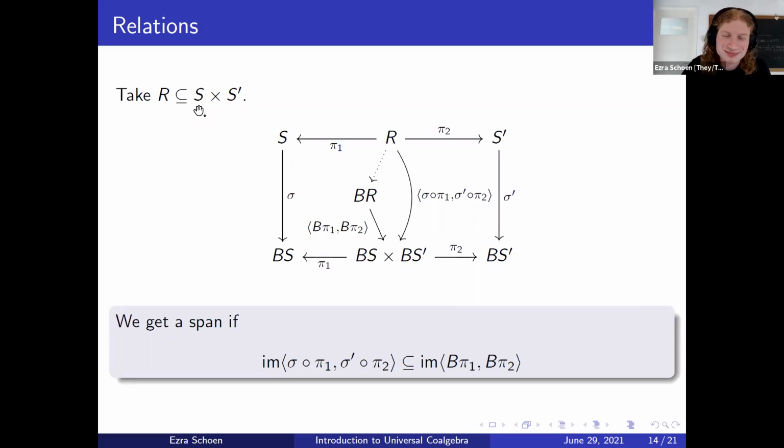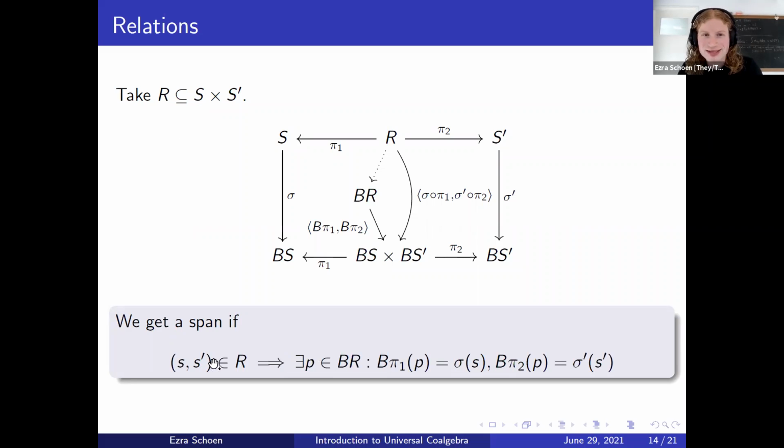We can make this actually a bit more explicit. So this is equivalent to saying that if you have a pair of states which are related by R, then there is some P in BR such that B of the first projection gives you the unfolding of S, and B of the second projection gives you the unfolding of S prime.